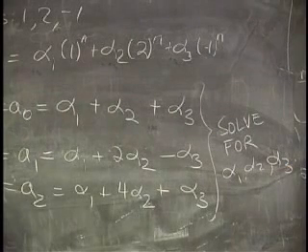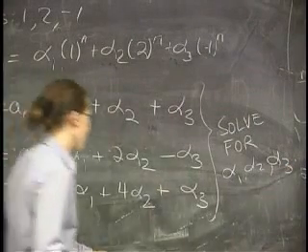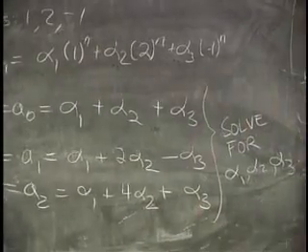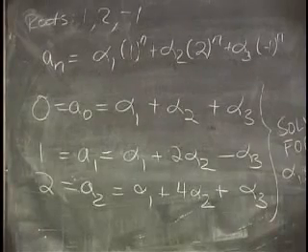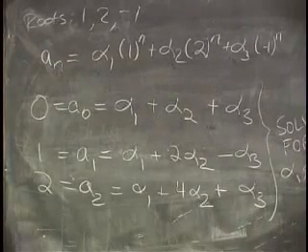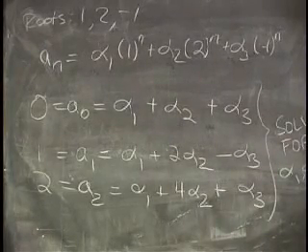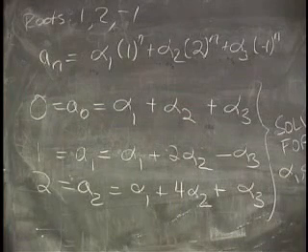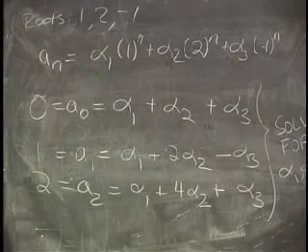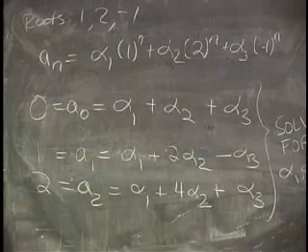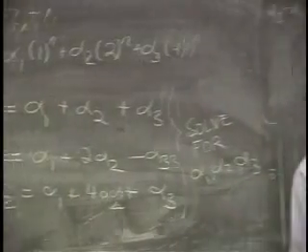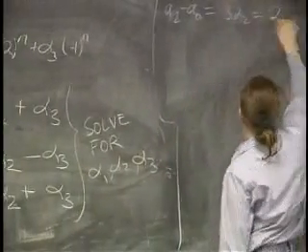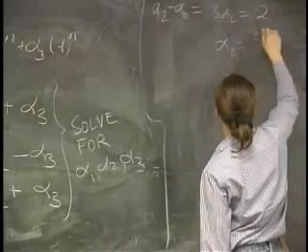Subtracting the first from the third gives us what alpha 2 is. In fact, you don't have to use Gaussian elimination. You can use whatever your favorite method is. So, a2 minus a0 is equal to 3 alpha 2, which is equal to 2. So alpha 2 is equal to 2/3.